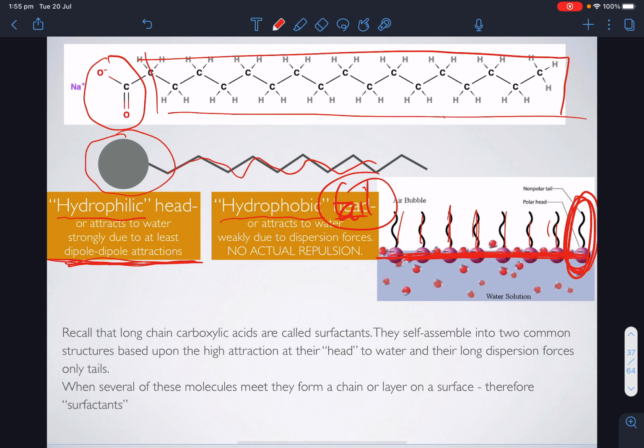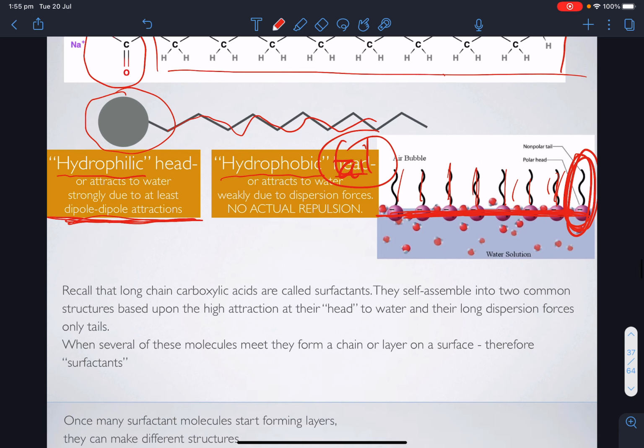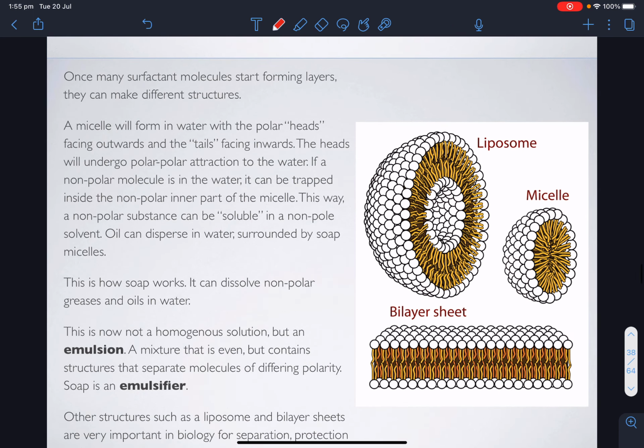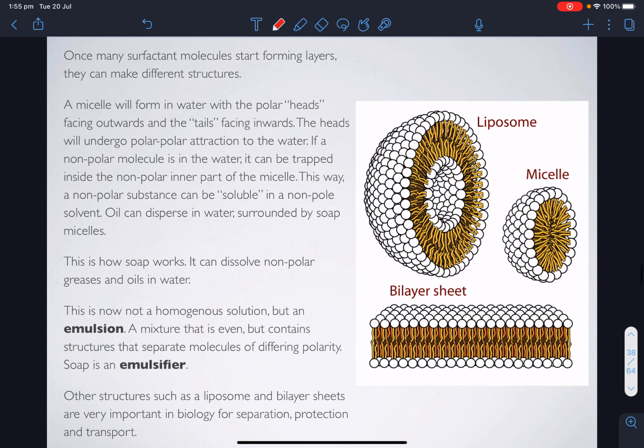They're not hydrophobic, they're just less attracted to the water, so they get pushed out. So this is what happens on the surface. Sometimes these molecules are called surfactants. They form layers on the surface. And they can go on to form some more funny structures.